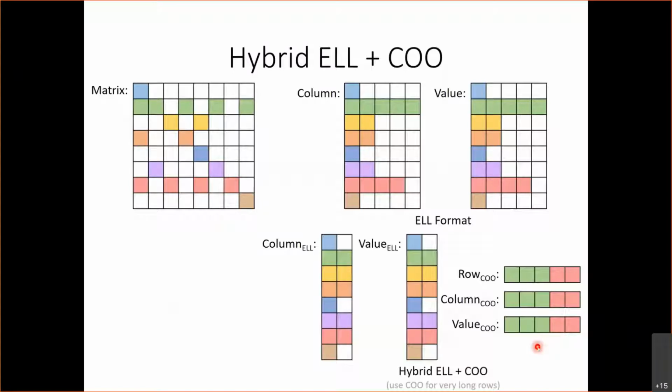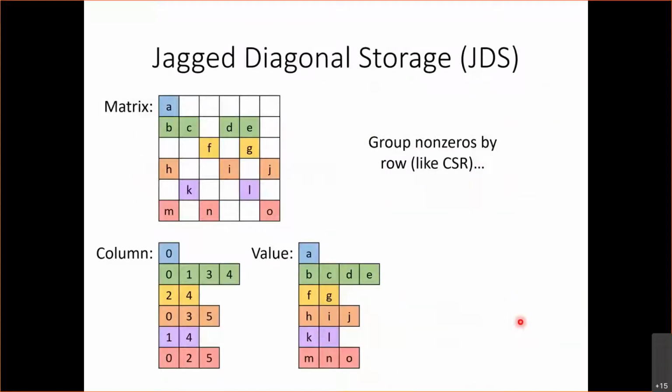And then after that, we looked at the diagonal storage format, which aimed at minimizing control divergence because ELL still has control divergence. And to do that, similar to CSR and ELL, we grouped the non-zeros of the rows together.